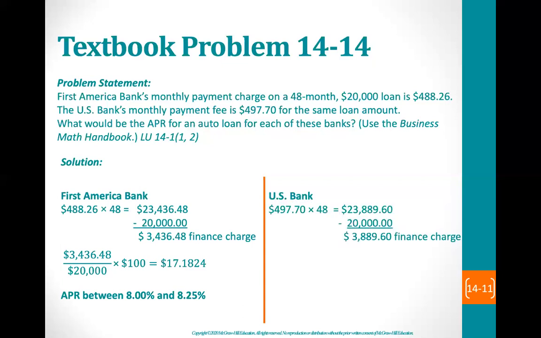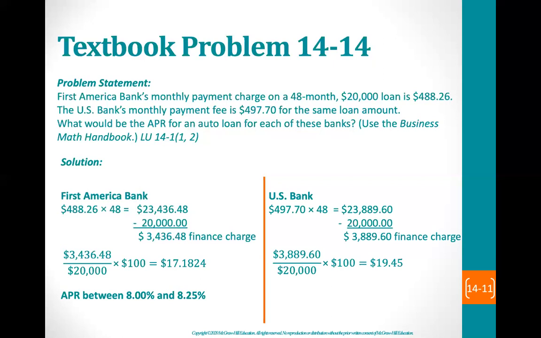U.S. Bank, same process. $497.70 times 48 gives us a total amount of all of our monthly payments of $23,889.60. That minus the amount financed of $20,000 tells us our finance charge is $3,889.60. Our finance charge divided by the amount financed times 100 is 19.45.